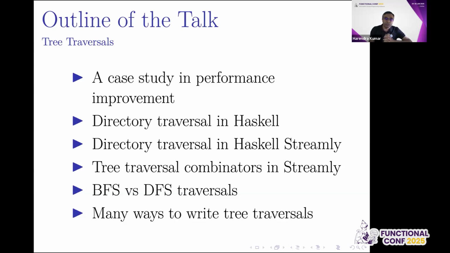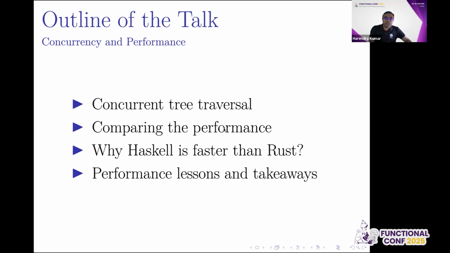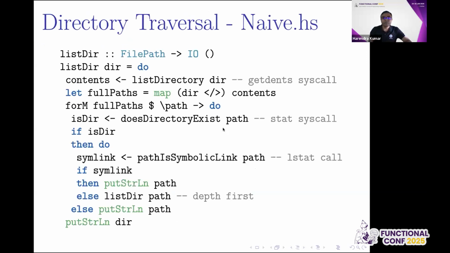Then we'll talk about some pre-traversal combinators in Streamly and BFS and DFS traversals. Then make it concurrent and see the concurrent pre-traversal performance, and compare it with other tools that are available. And then we'll talk about why Haskell is faster than Rust, what could be the reasons that Haskell cannot perform like Rust, and then some performance lessons and takeaways. So let's dive into it right away.